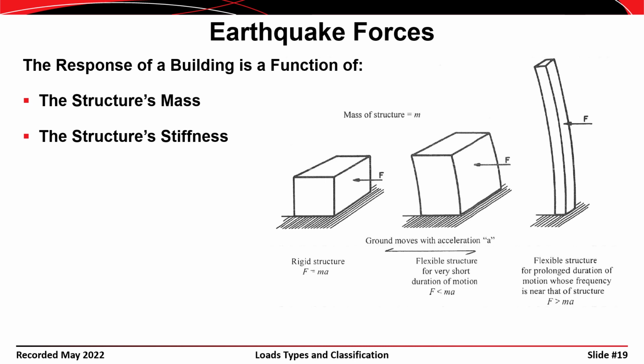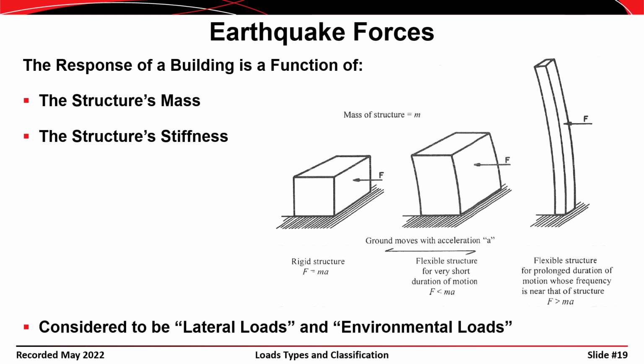The one on the right, however, is one that is relatively flexible relative to its mass. So when an earthquake hits that one, that building responds much differently than the shorter buildings do. So the 2 primary parameters of a building with respect to seismic performance are the structure's mass and the structure's stiffness.